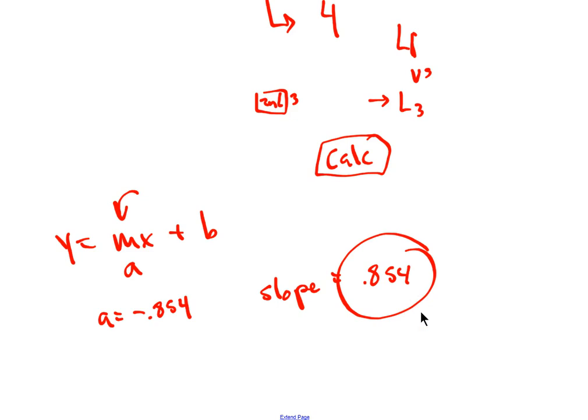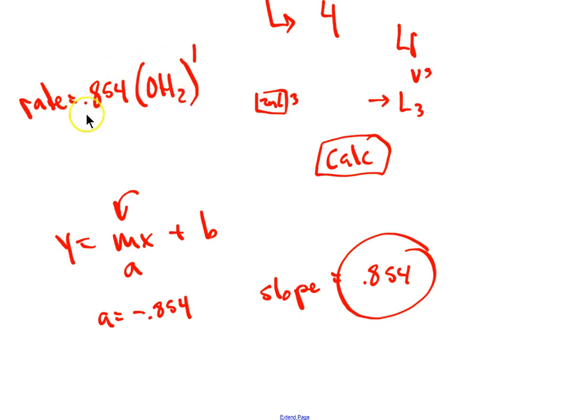So now we would know our rate law. Our rate law would be rate equals 0.854 times, and then it was OH2 or something like that, right? I don't remember. And it was to the first, correct? We all right with that?